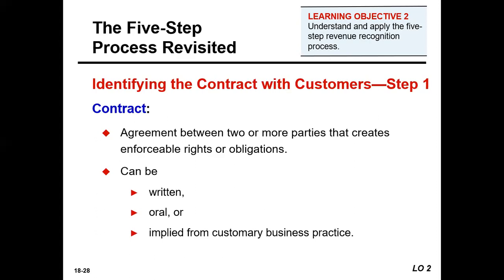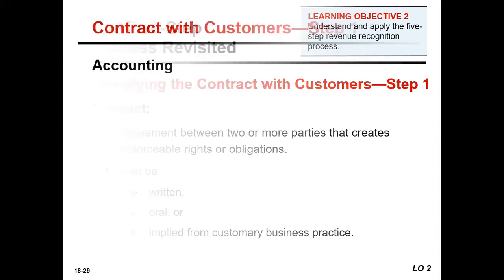Similar to the discussion of Sir Milan, the contract can be written, oral, or simply implied from the customary practices between the seller and the customer. In accounting for it, revenue cannot be recognized until a contract exists. Always remember that.